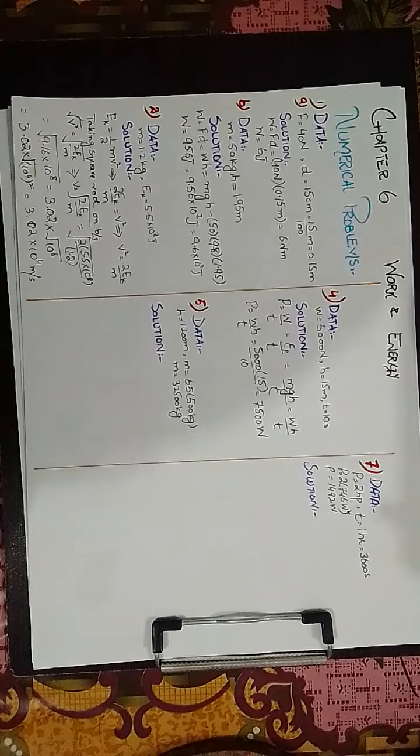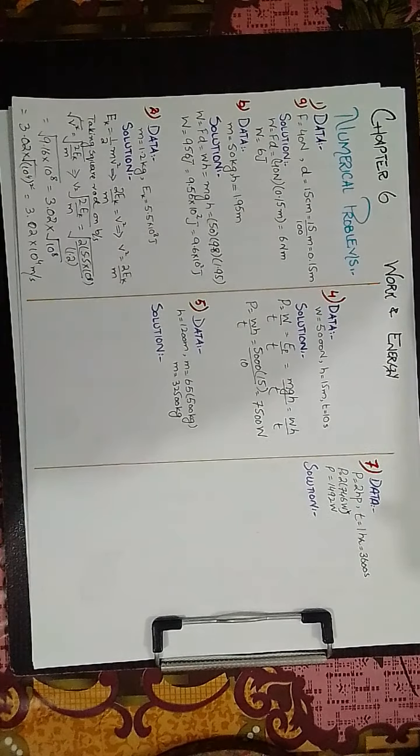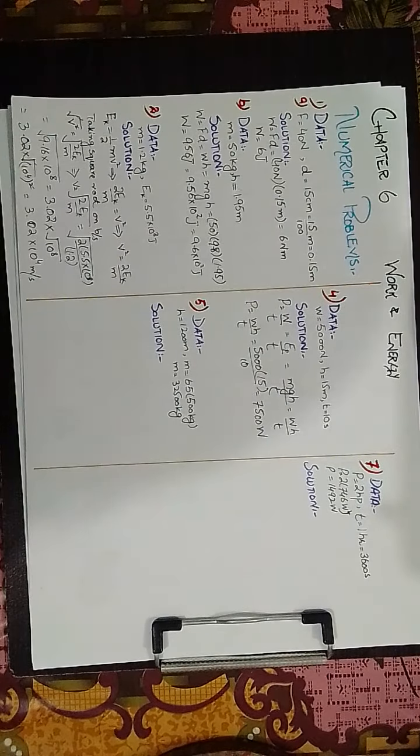Coming towards the next question, question number 5, and it says, what power is required for a sky hill chairlift that transports 500 people, average mass 65 kgs per hour to an increased elevation of 1200 meters, right?